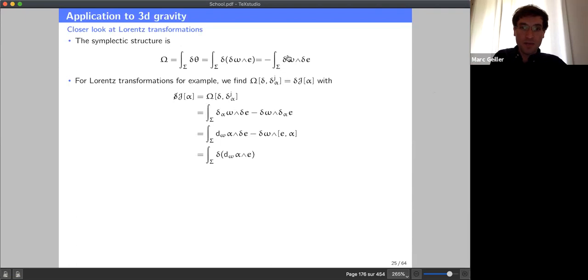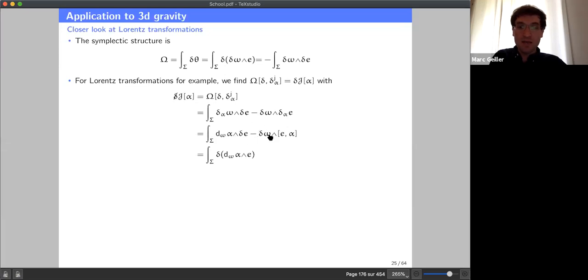I take the symplectic structure and I replace the variations, keeping in mind that these variations are anti-symmetrized. I replace the first one on omega with the gauge transformation delta alpha of omega, and then I replace the second one on E with the gauge transformation delta alpha of E. Then I use the explicit formula for these gauge transformations, delta alpha, and I get the third equality.